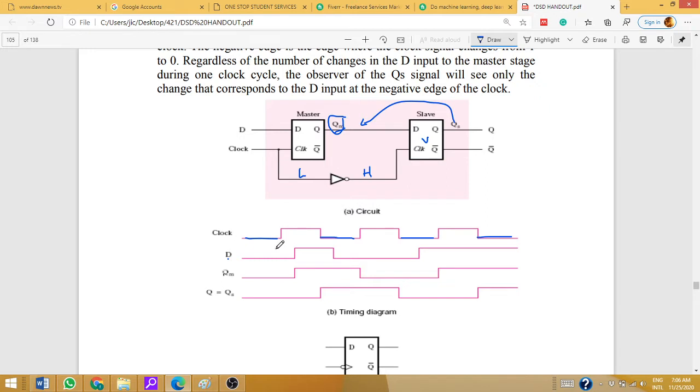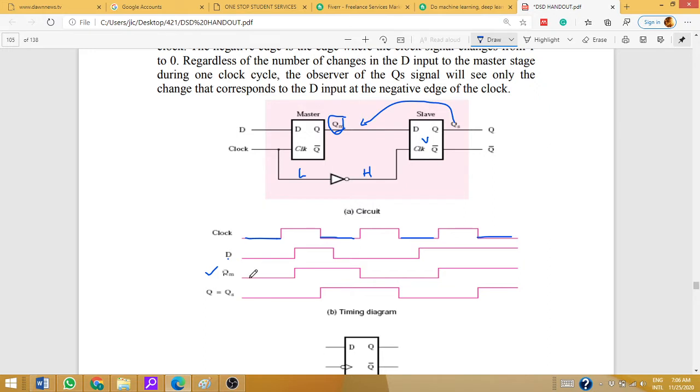Okay, so we are looking now at QM and the clock low levels. You can see during this state, what is on QM?